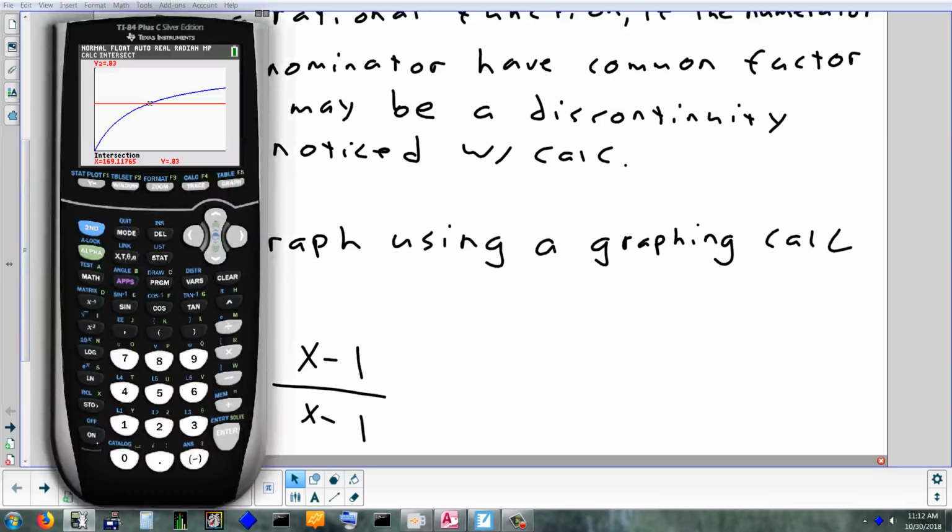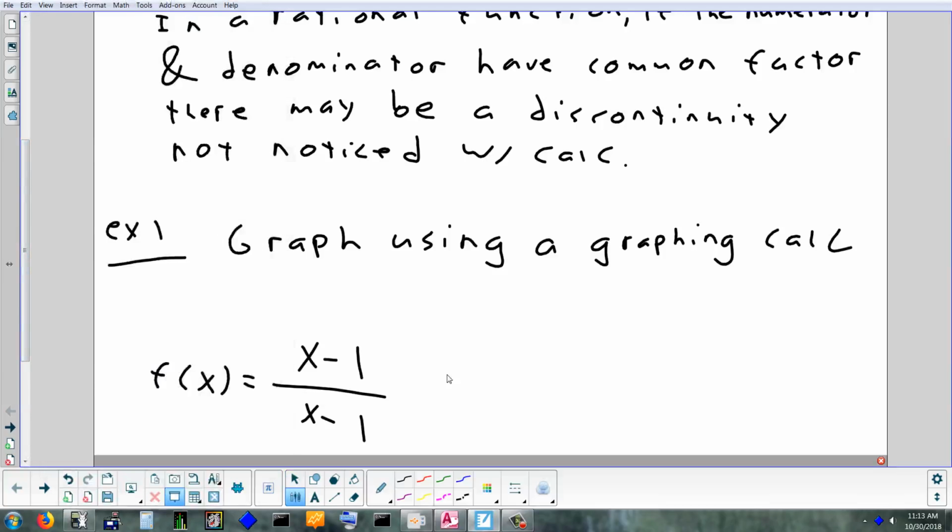Let's graph it and see. So we've got x minus 1 divided by x minus 1. We're basically dividing two things that are the same. When you divide two things that are the same, what do you always get? 1. So this is basically going to look like this.